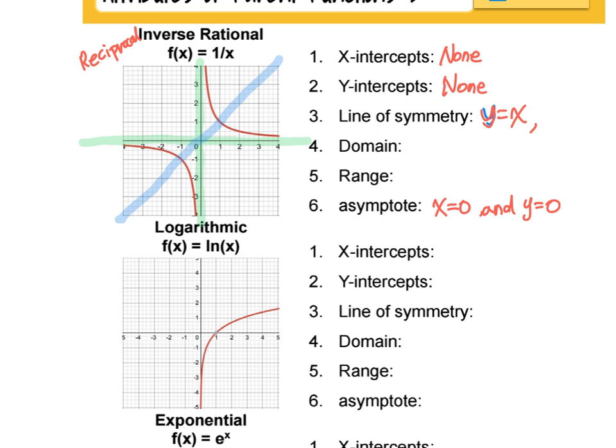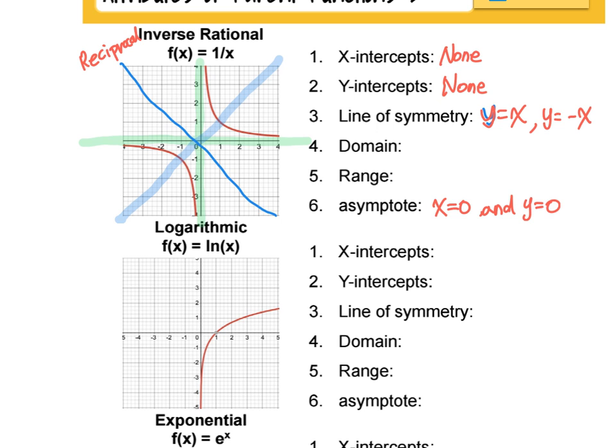And there is another one. Can't you see it? Let me just draw it. It's not perfectly straight, but if you fold along y equals negative x, you still have a matching graph.